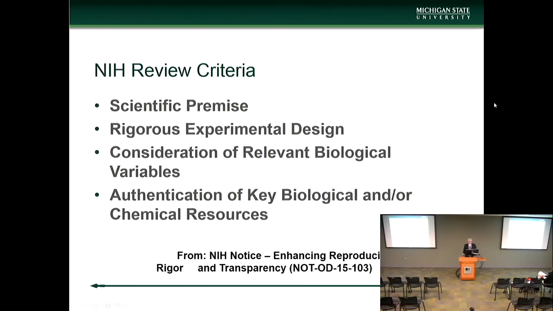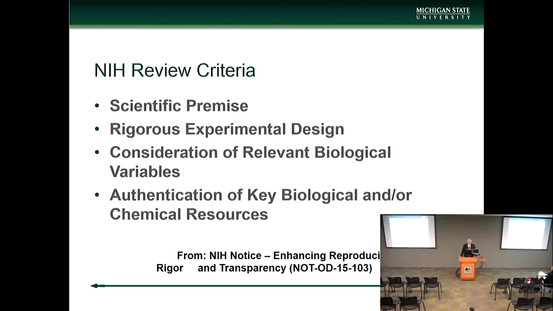So moving on, the general review criteria that NIH has kind of laid down for all of us to consider in terms of rigor and reproducibility include the importance of the scientific premise. How good is the basic argument that you're building your research program off of? Rigorous experimental design. This includes both design and statistical analysis. And this is a topic that we could go for days on.